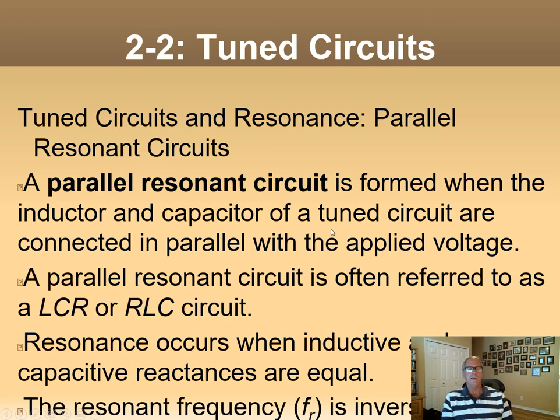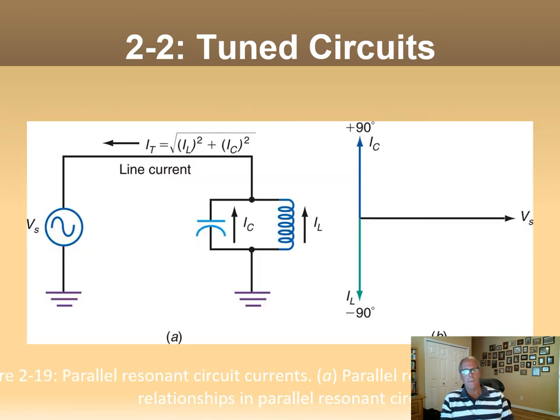A parallel resonant circuit is when you put an inductor and capacitor in parallel, an LC circuit. Resonance occurs, again, when inductive and capacitive reactances are equal. I think we do one of these too in our lab. So here's the inductor and capacitor in parallel.